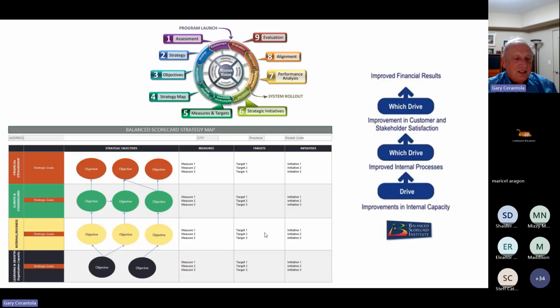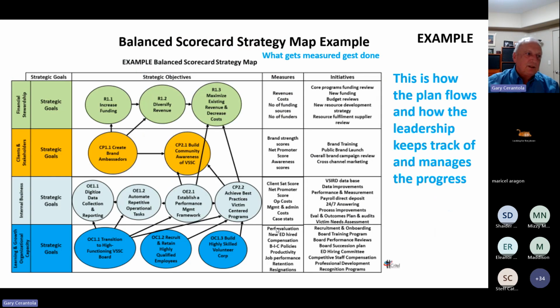And then understand how this strategy map comes together. Here's some work I did with a particular client, and you can see that this is organizational capacity, this is internal business, this is customer, and this is the financial end of this balanced scorecard.